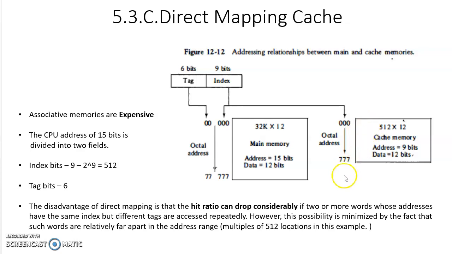That is the drawback of this. That's why we are moving on to set associative mapping, where it is possible to store the first line of two different pages if it is a two-way set associative memory. Let's discuss it later, but that is the drawback of this direct mapping cache.